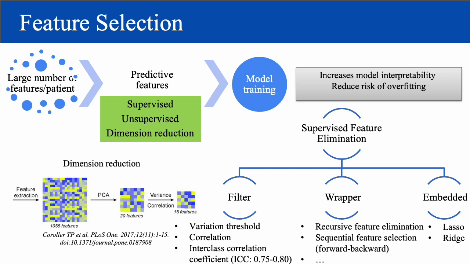Unsupervised techniques do not consider the class label, like k-means clustering. Dimension reduction techniques convert features into a new representation like PCA, which leads to the loss of feature traceability. Additionally, multi-level reduction techniques can be employed, like a combination of these techniques, which can identify features more efficiently.